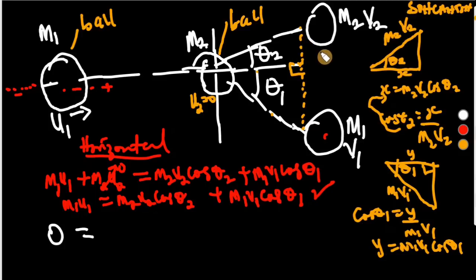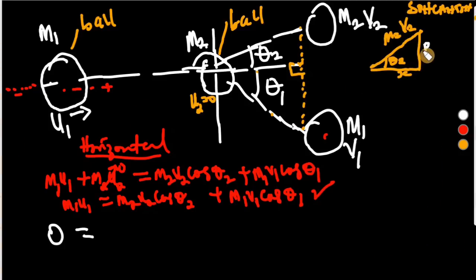If we used x for the horizontal component, let us label the vertical component as p, so that sine theta 2 equals opposite upon hypotenuse.